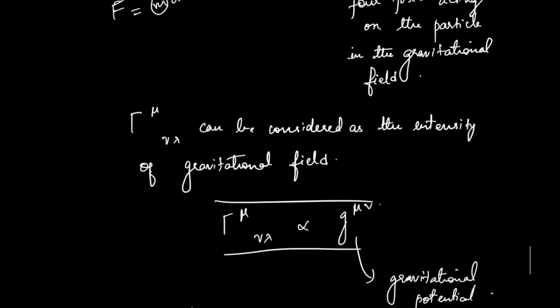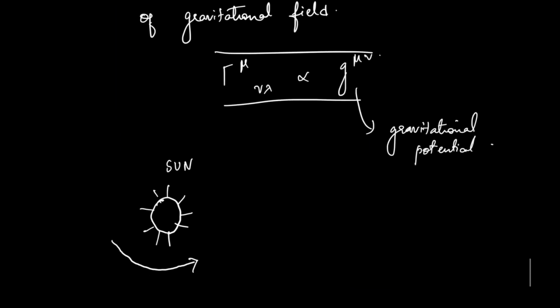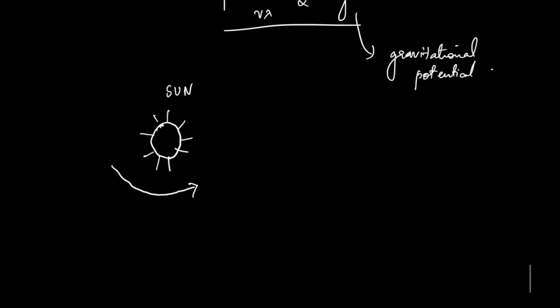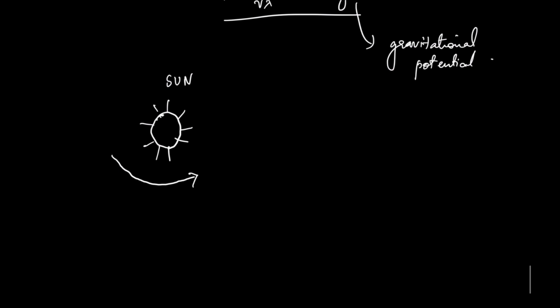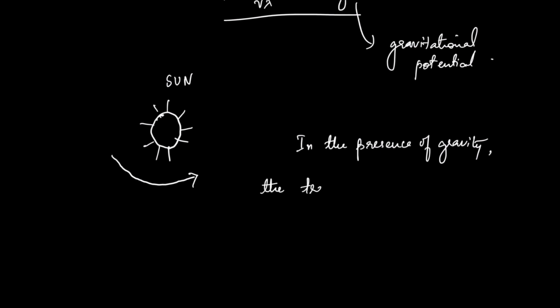In the presence of gravity, the trajectory of a particle deviates from a straight line. So it's no more a straight line.